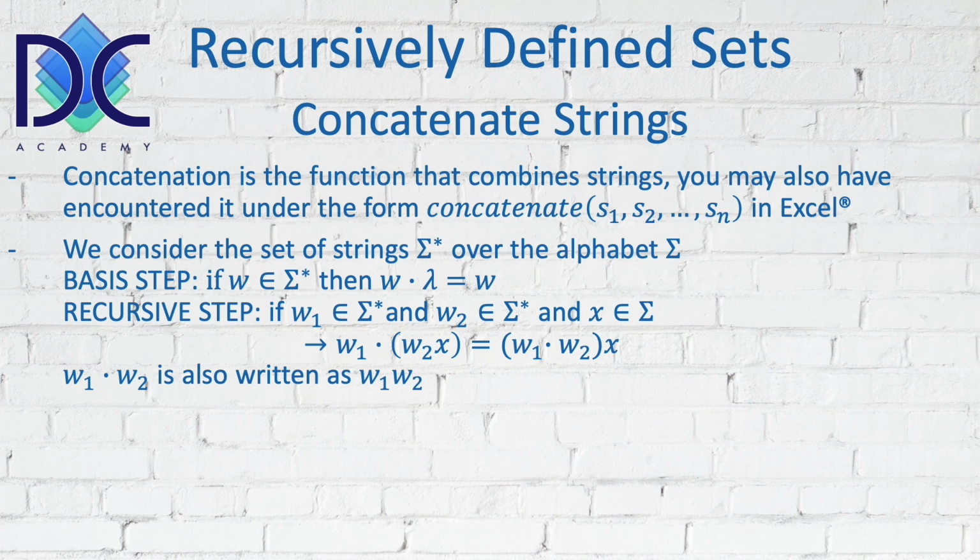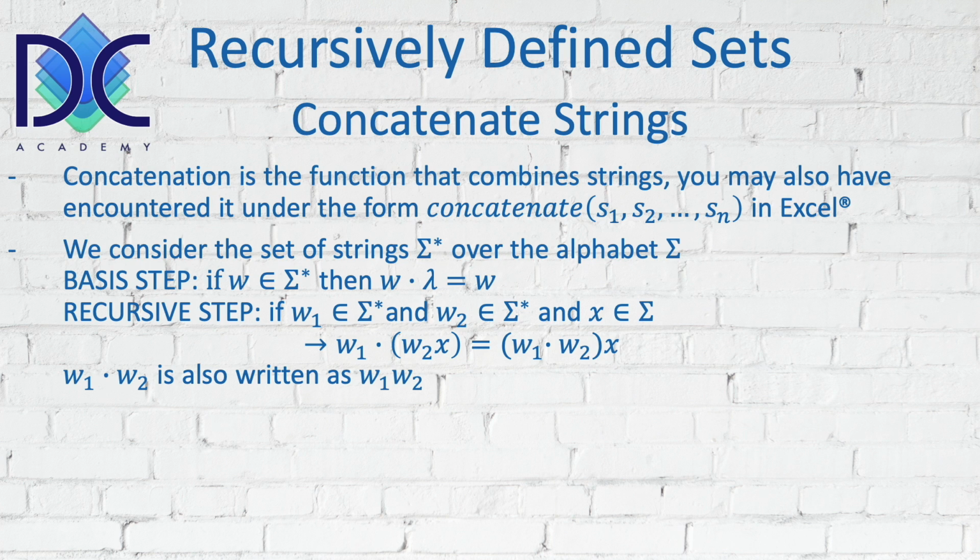Now we consider the set of strings sigma star over the alphabet sigma. The basis step: if w is an element of sigma star, then w times lambda is w. So we look at that new string.